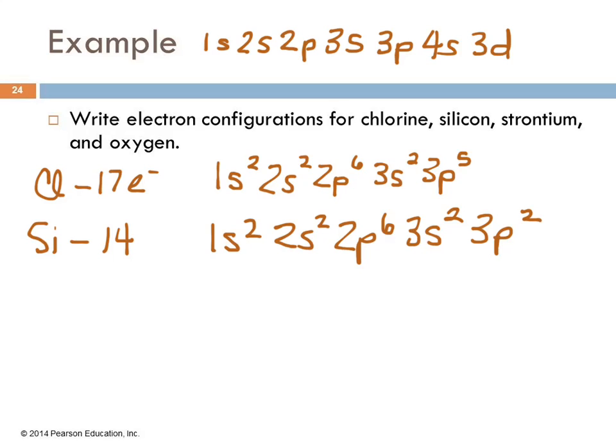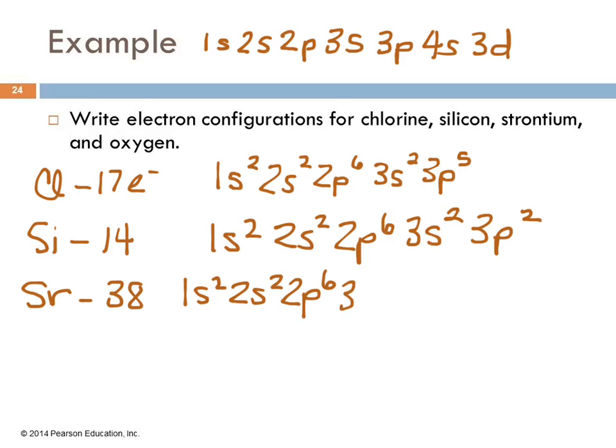Okay, so strontium. How many electrons does strontium have? 38. Oh my goodness. Okay. 1s2, 2s2, 2p6, 3s2, 3p6, 4s2, 3d.